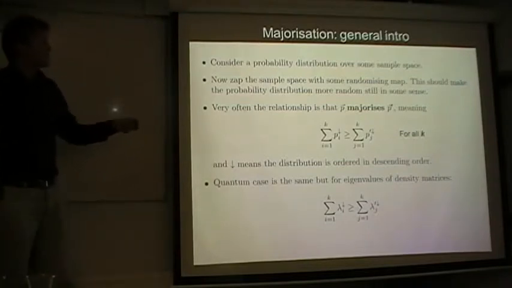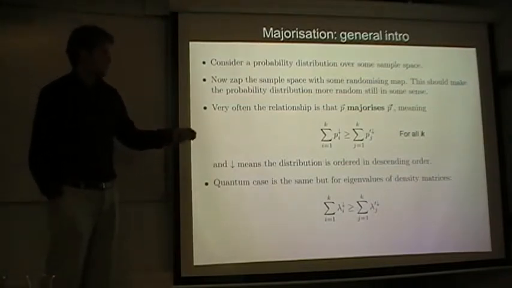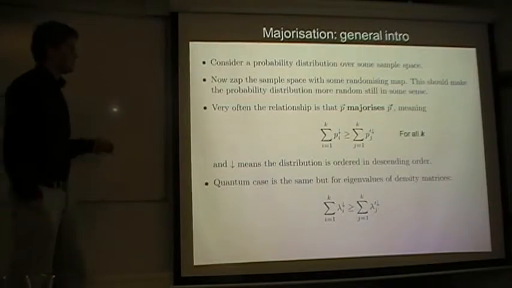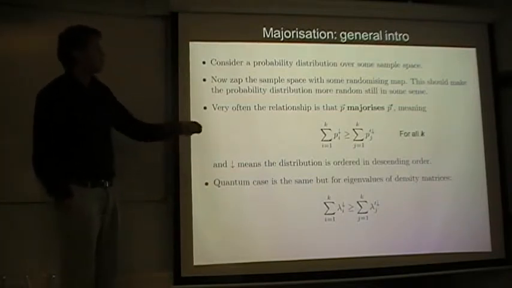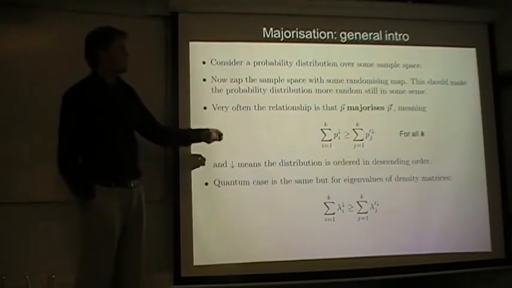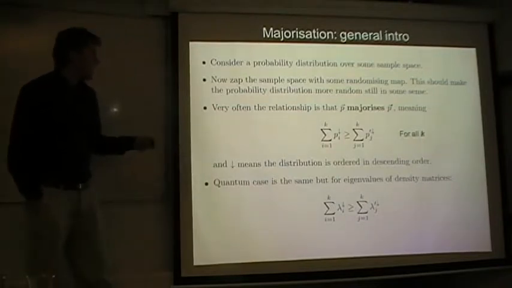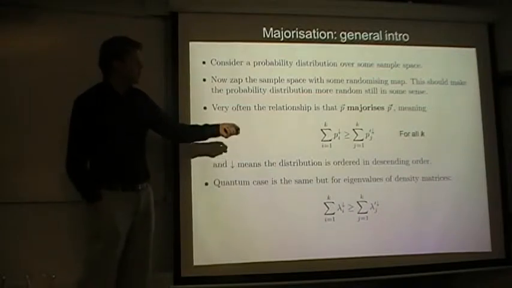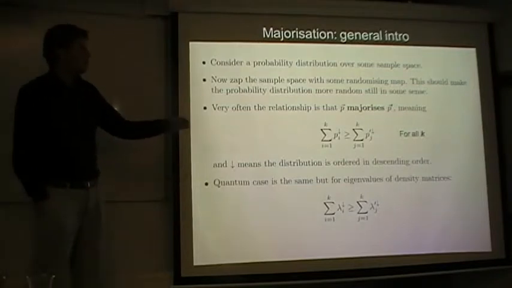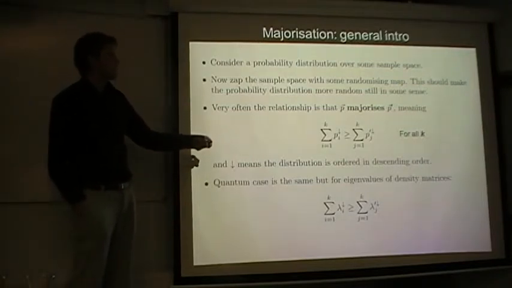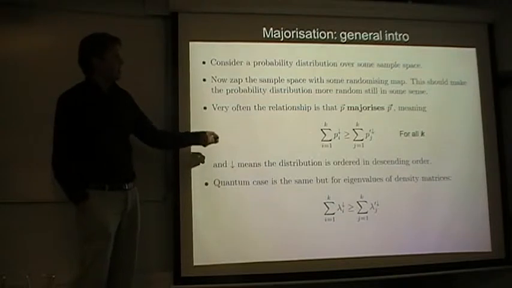You can write this in this way, which may look a bit arbitrary. This arrow means that you order the distribution in descending order. Then you sum over the entries up to entry k. To have majorization, you demand that this is bigger for all k than this.